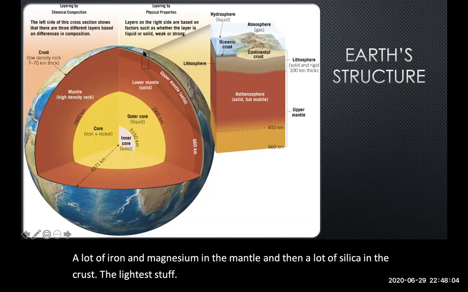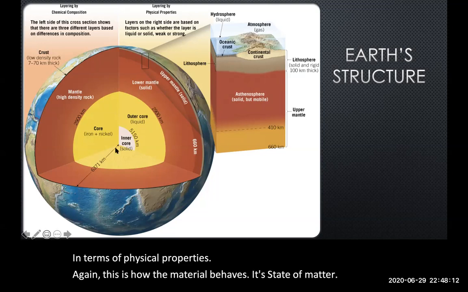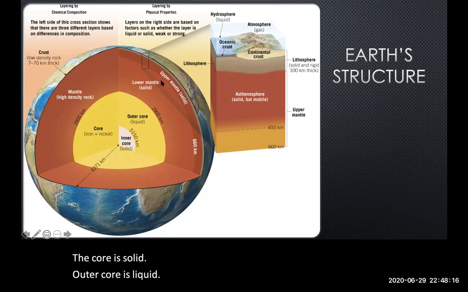In terms of physical properties, again, this is how the material behaves. It's its state of matter. The core is solid, the outer core is liquid. The lower mantle is solid. The upper mantle, which is zoomed in over here, is solid, but not a complete solid.